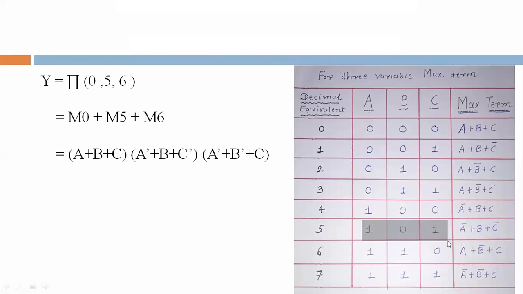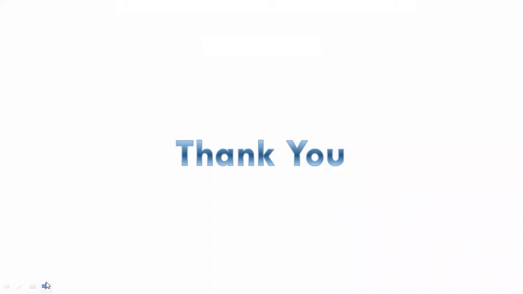It is the binary equivalent of that max term, and the decimal equivalent we get is 5. So this is very simple for our understanding of sum of product and product of sum. Thank you very much, all of you.